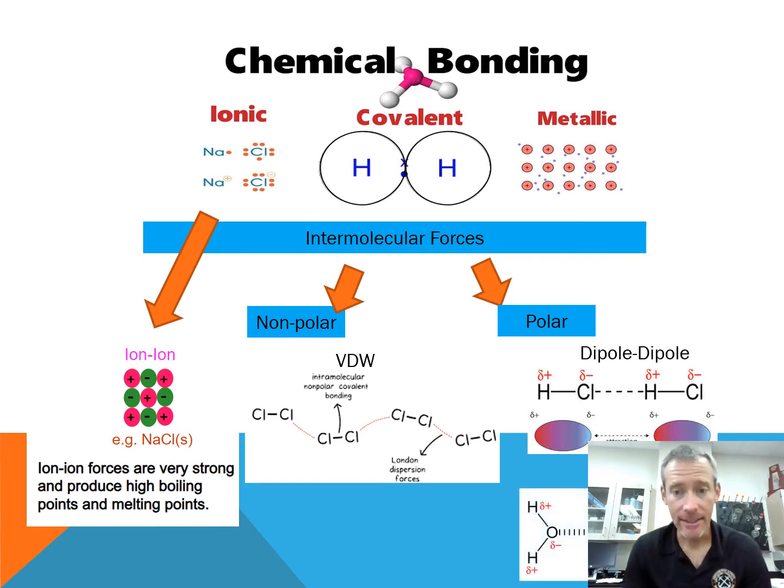And then within dipole-dipole, you have specifically called hydrogen bonding, which is strictly just H with O, like water, H with N, like ammonia, or H with F, like hydrofluoric acid, or hydrogen fluoride. So those are 4 forces that we're going to talk about. Really the big difference is knowing if it's polar or nonpolar and how it fits in the intermolecular force. Metallic has no force.